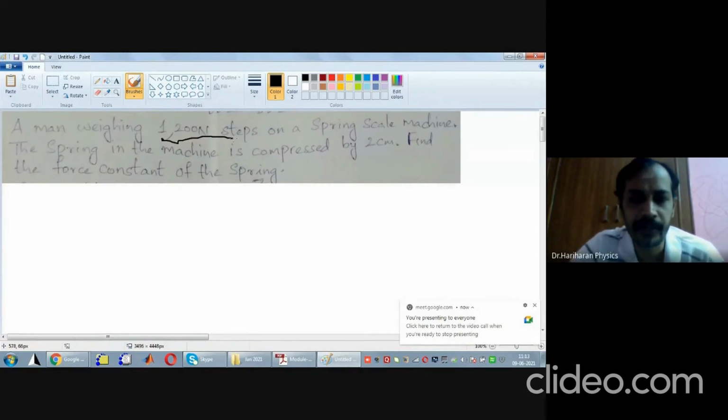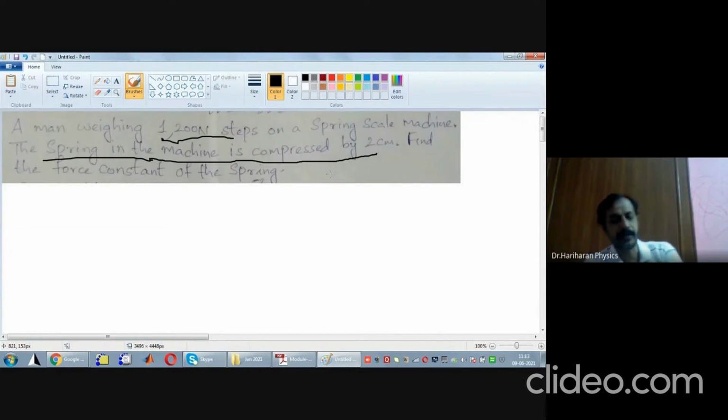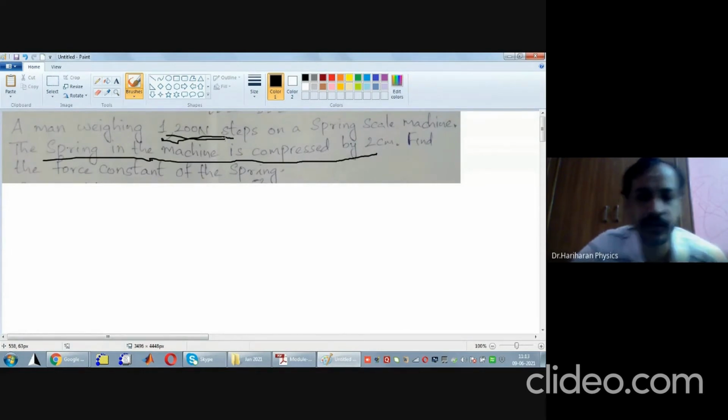So when he steps onto a spring balance, what will happen? The spring in the machine is compressed by 2 centimeters. With this information, you have to find the force constant of the spring. Understand the statement of the problem first. A man weighing 1200 newtons stands on a spring balance.